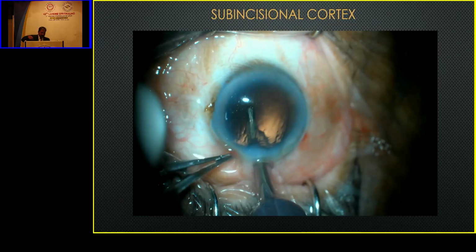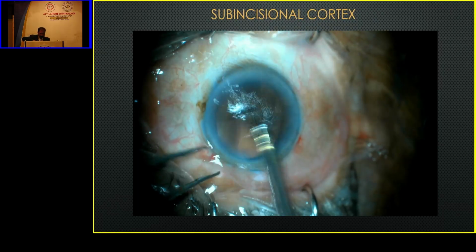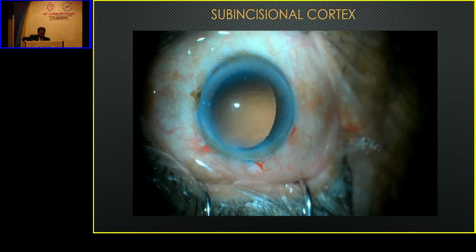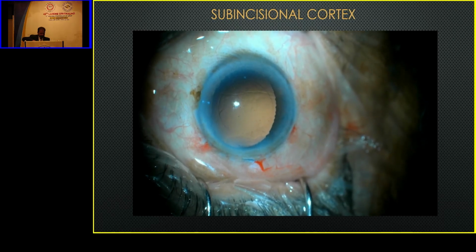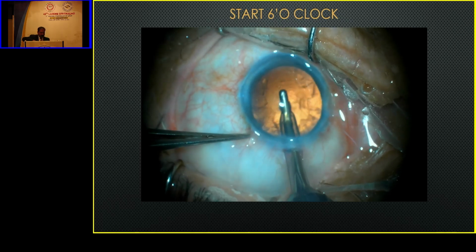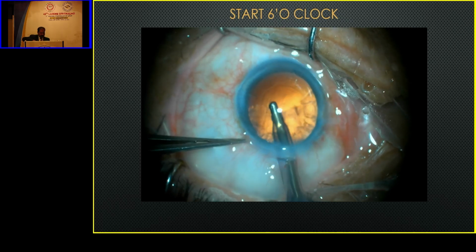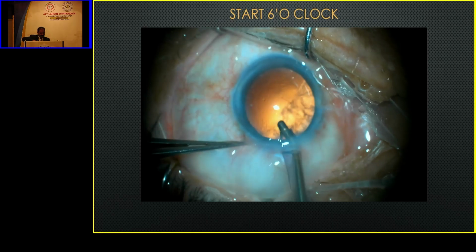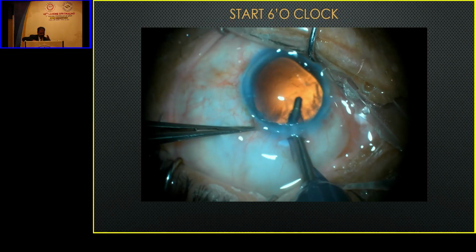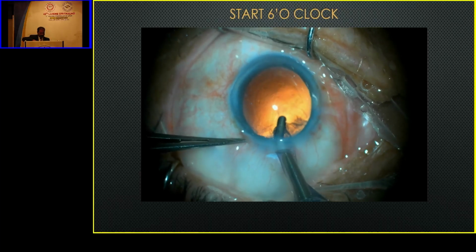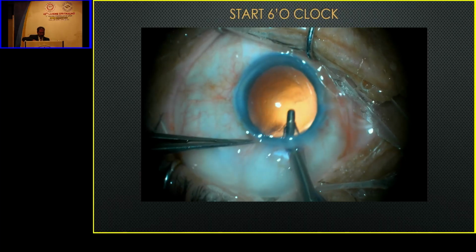You can polish it with the cannula, with the IA tip. You can start from anywhere. You can go at 6 o'clock and then come to 12 o'clock, or whichever way you like. Usually with the Simcoe, we start from 6 o'clock and the sides, and then we come to the most difficult part, that is subincisional. But here the subincisional is very, very easy.